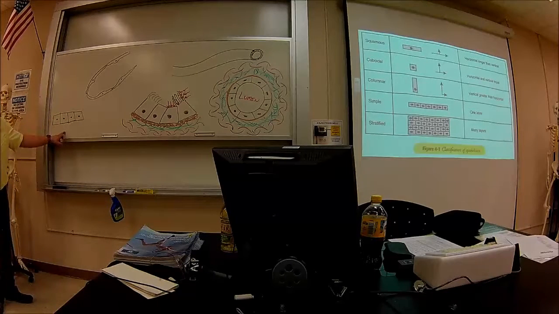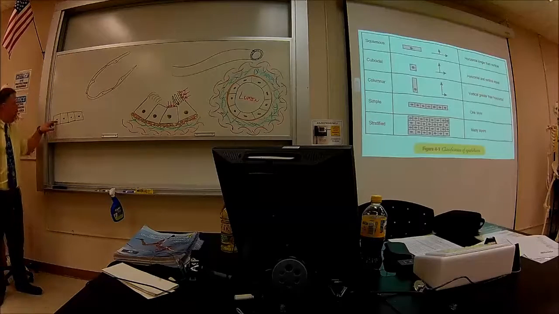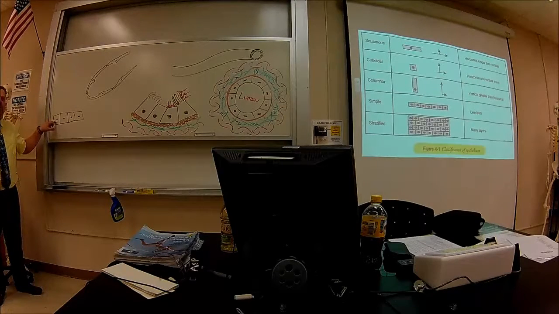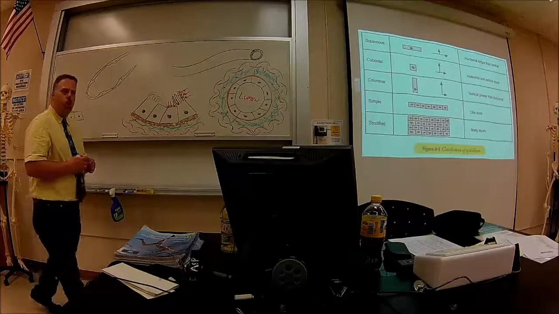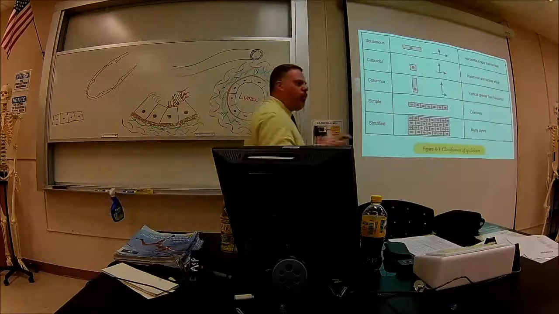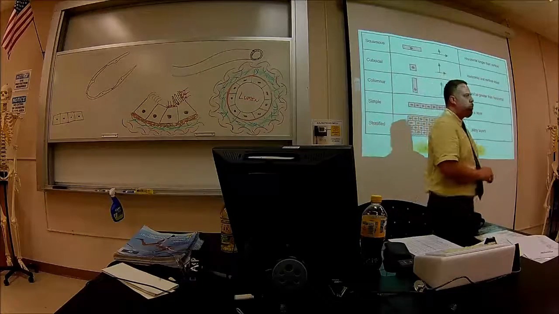They're cubes, meaning the nucleus is dead on right in the center. It's the same distance widthwise as it is lengthwise. That's cuboidal. And if it's one layer, we say it's simple cuboidal.